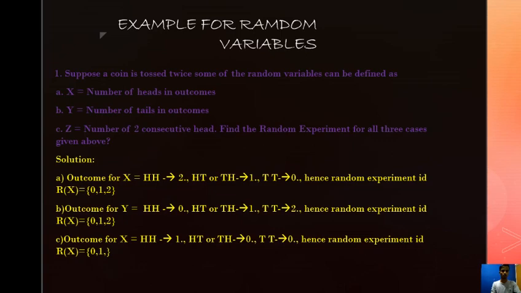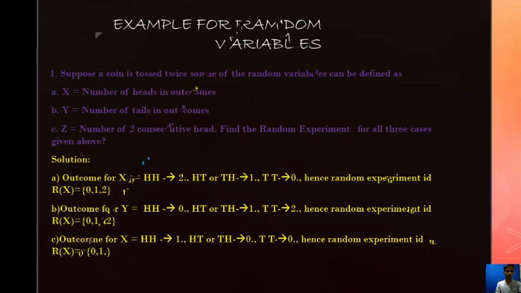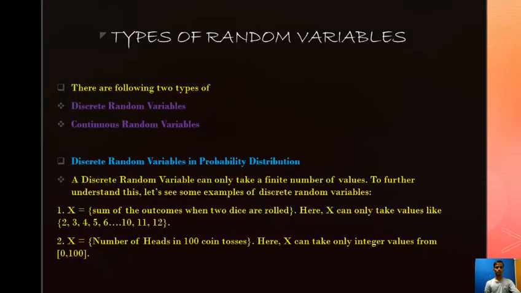Moving on to the types of random variables, there are two types of random variables. First is discrete random variable and the second is continuous random variable. At first, we'll be speaking about the discrete random variables in the probability distribution. A discrete random variable can only take a finite number of values. To further understand this, let's see some examples of discrete random variables.